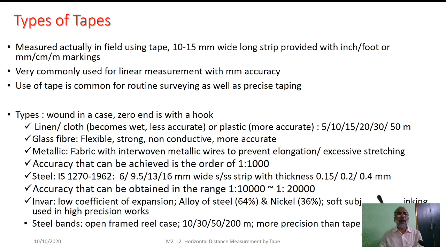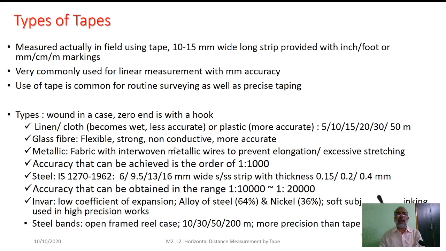There could be glass fiber tape, which is very flexible, strong, non-conductive as far as heat is concerned, and it is more accurate. There is a metallic tape, which is fabric with interwoven metallic wires to prevent elongation as well as excessive stretching.